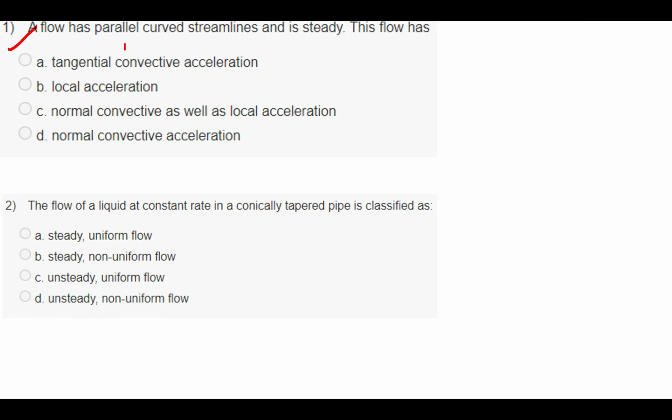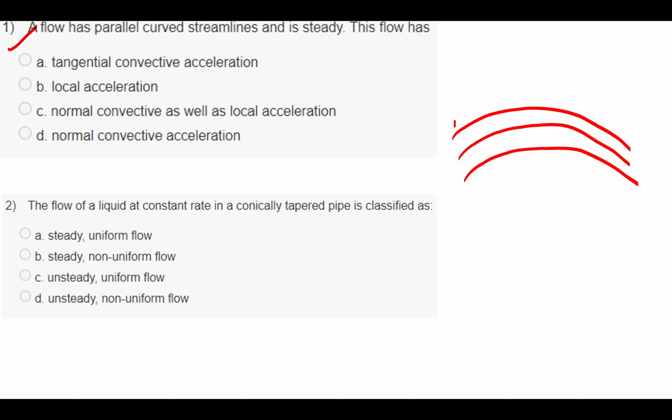A flow has parallel curved streamlines. A streamline is curved and parallel, like that. This flow has tangential convective acceleration, local acceleration, as well as normal convective acceleration.